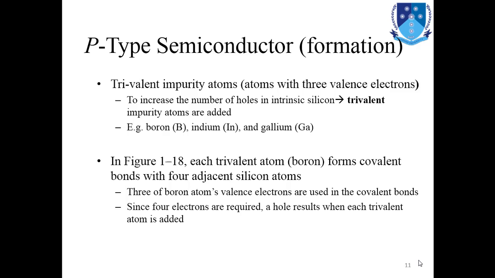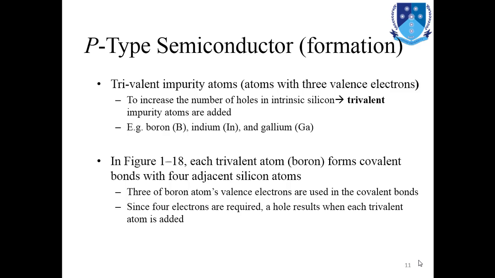The reason behind the addition of trivalent impurity atoms is that we need to increase the number of holes in intrinsic silicon. So for that purpose, trivalent impurity atoms are added.